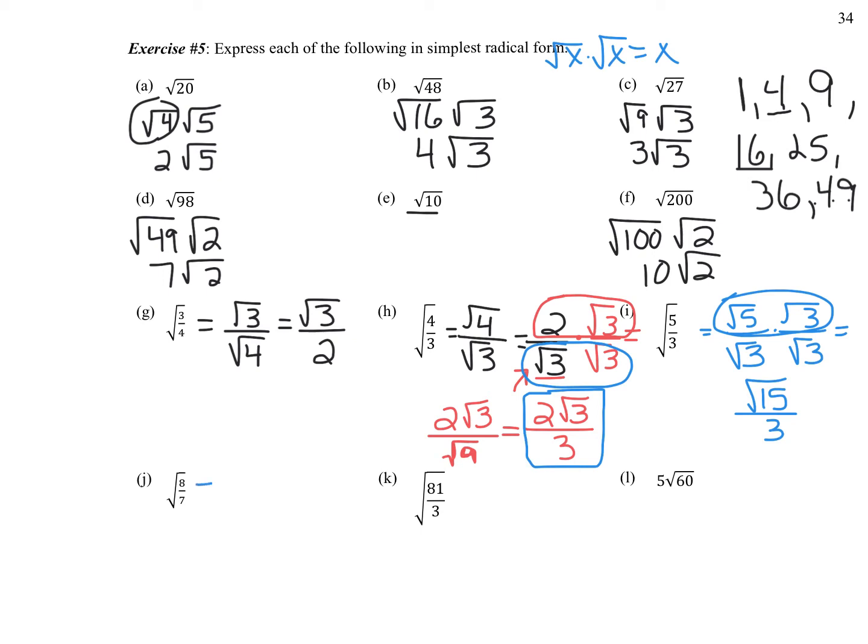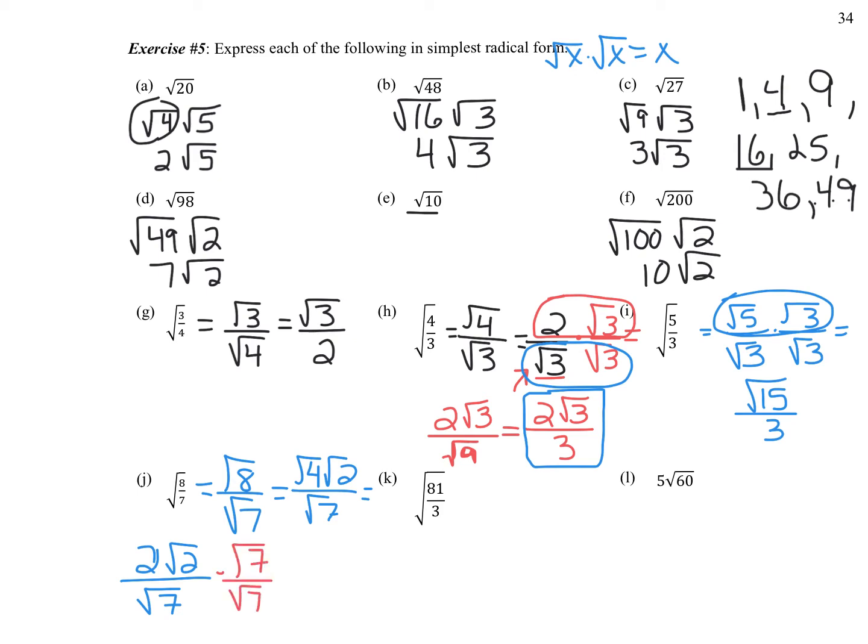Looking at the next one, we have square root of 8 over square root of 7. The numerator does simplify because 8 breaks up into 4 times 2. And then this numerator becomes 2 radical 2 over square root of 7. I have to rationalize the denominator, right, because I have a square root of 7 on the bottom.